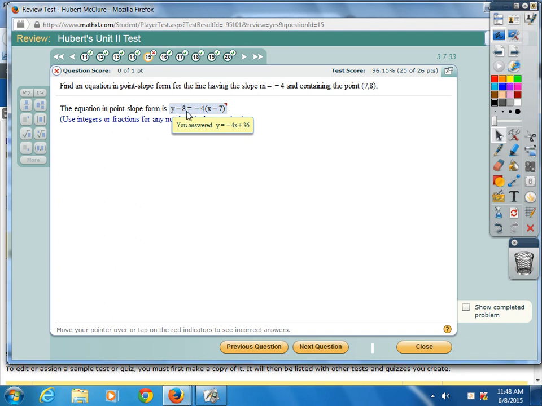If you distribute, you get negative 4x plus 28, right? And what's 28 plus 8? 36. They want it in point slope form, so you don't have to solve for y. I'll take either answer. My answer is right there in yellow. So we made a what? 100. We made 100.